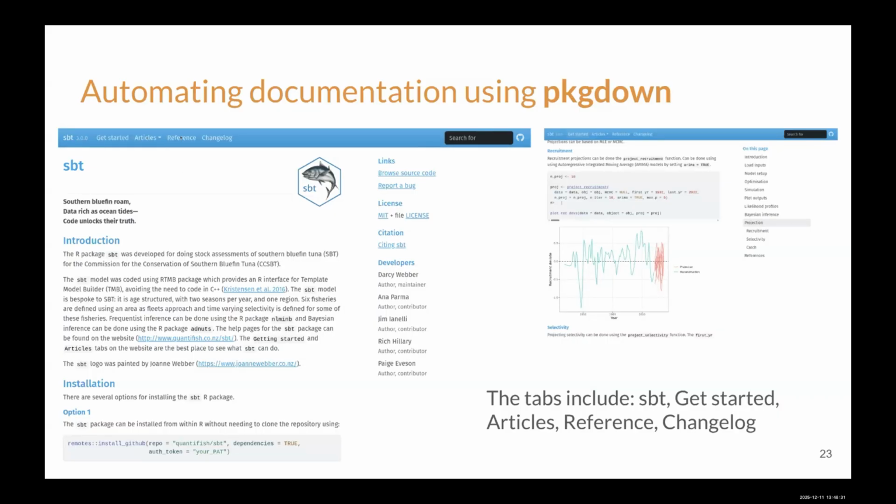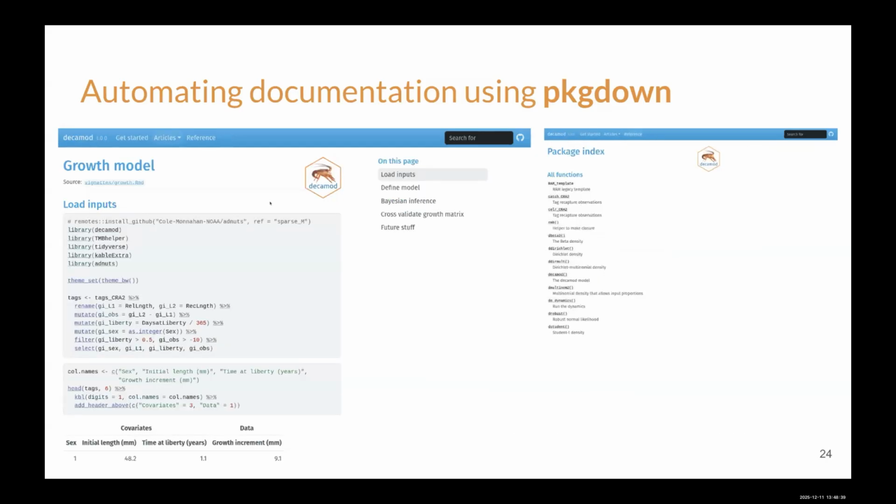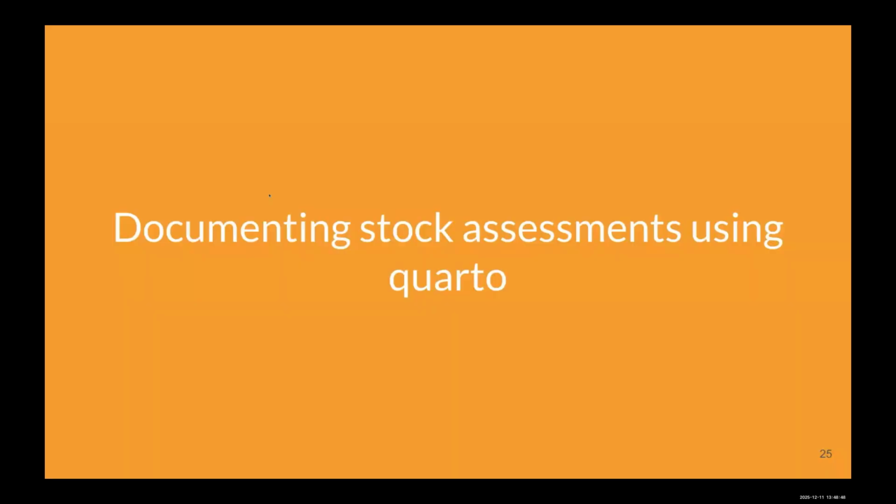And then under references, you've got all of the functions that make up that R package, and the help files associated with each of those functions. And yeah, you can set this up pretty easily, pretty rapidly for whatever R package you've developed.